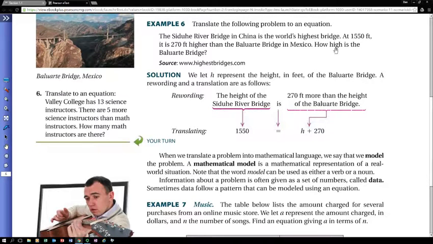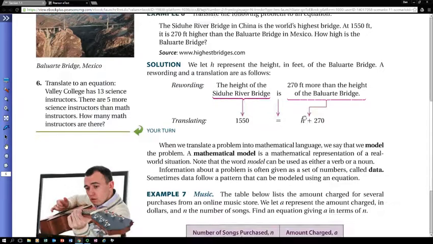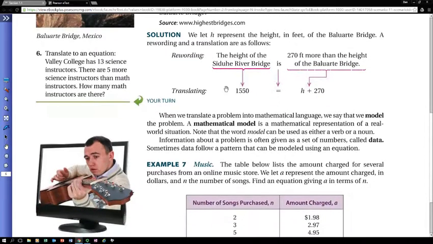So let's read that again: 1,550 is 270 higher than h. And we end up with this expression, and because these two things are supposed to be equal, we have an equation.